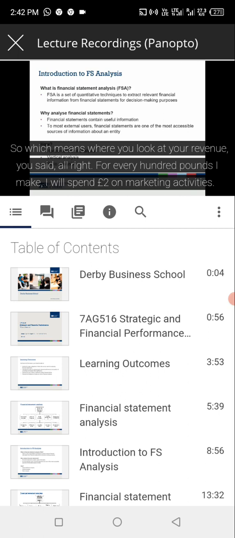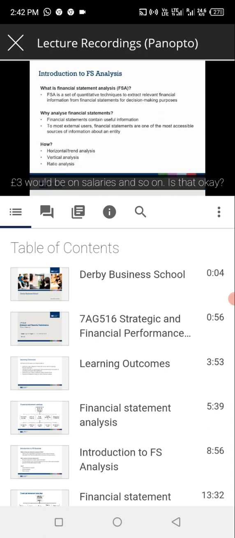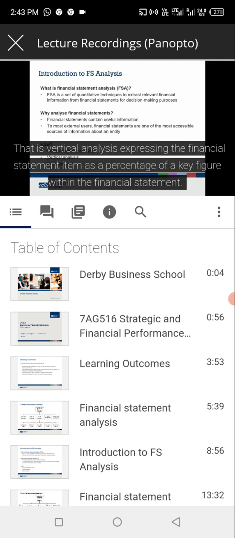So which means when you look at your revenue, you say, all right, for every 100 pounds I make, I will spend 2 pounds on marketing activities, 3 pounds will be on salaries, and so on. Is that okay? That is vertical analysis, expressing a financial statement item as a percentage of a key figure within the financial statement.